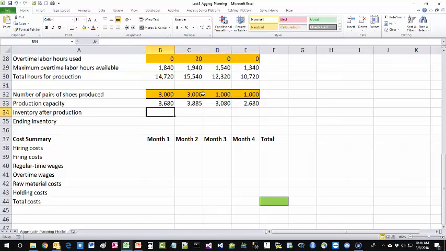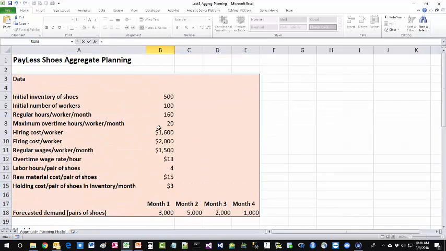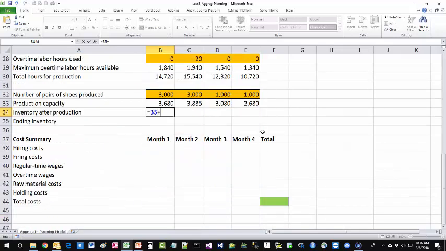Okay, then the inventory after the production. Actually, the inventory after production is the beginning inventory, which will start here with 500 shoes, plus these guys produced, right?